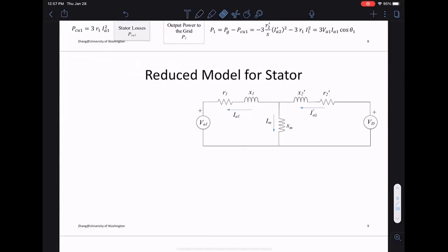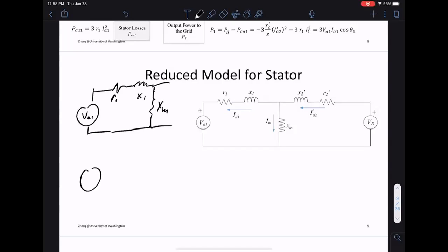So this is our stator side of this circuit, and I can always make this a Thevenin equivalent. So I have a Thevenin equivalent voltage, some equivalent resistance, some equivalent reactance.